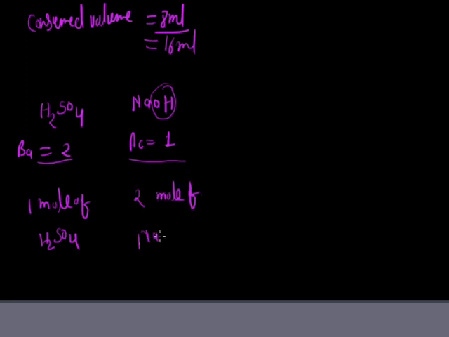This means if the acidity or basicity values are not the same, then the reaction is required according to moles. So if we have 1 liter of H2SO4, then for complete neutralization, 2 liters of NaOH will be required.